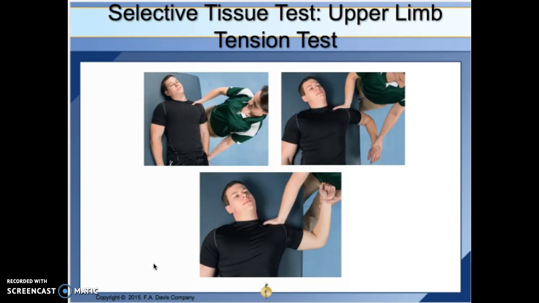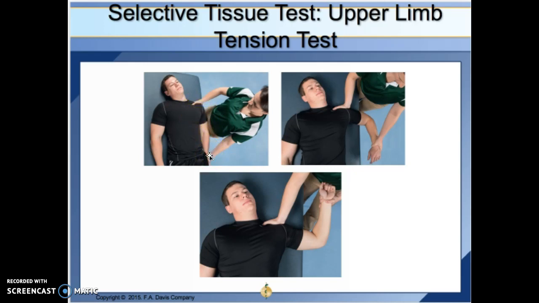Okay, this is the upper limb tension test. Just to give you a quick overview, and then we'll do this in class, you want to start this test, if you're testing on the patient's left side, with the head side flexed passively to the opposite side and the shoulder depressed. Because it's a nerve tension test, you're looking for neurological symptoms, numbness, tingling, shooting pain down the shoulder and the arm.